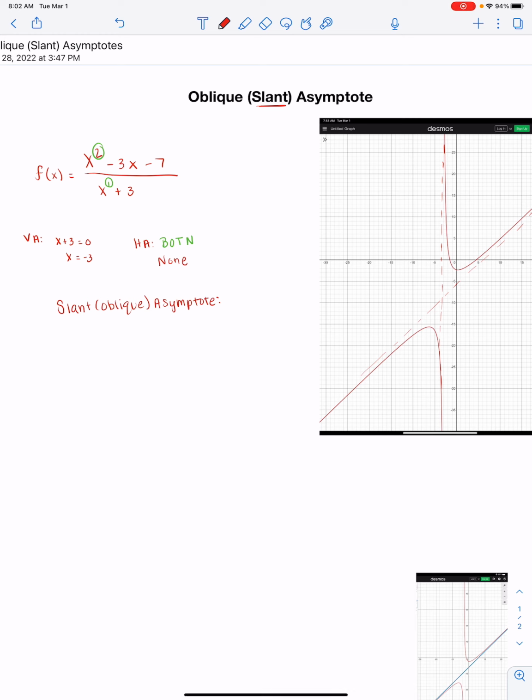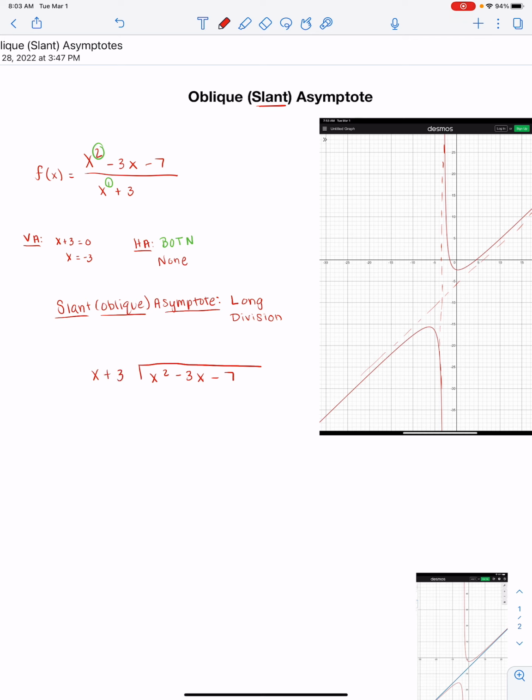In order to find the slant or the oblique asymptote, you have to use long division. Okay, so we got to remember long division. We're going to put the numerator inside, so x squared minus 3x minus 7, and put the denominator outside.